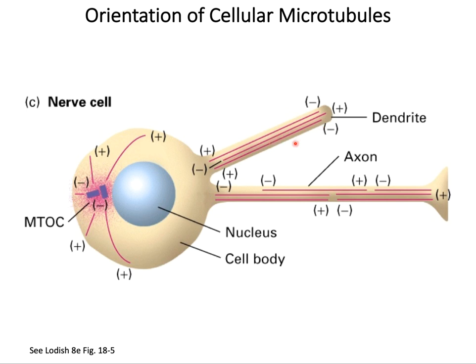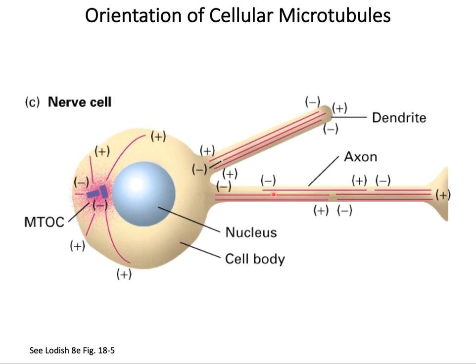So this is the one example where there is no microtubule organizing center. These microtubules in the axons or dendrites are not organized by some kind of organizing center that contains triplet microtubules within it.